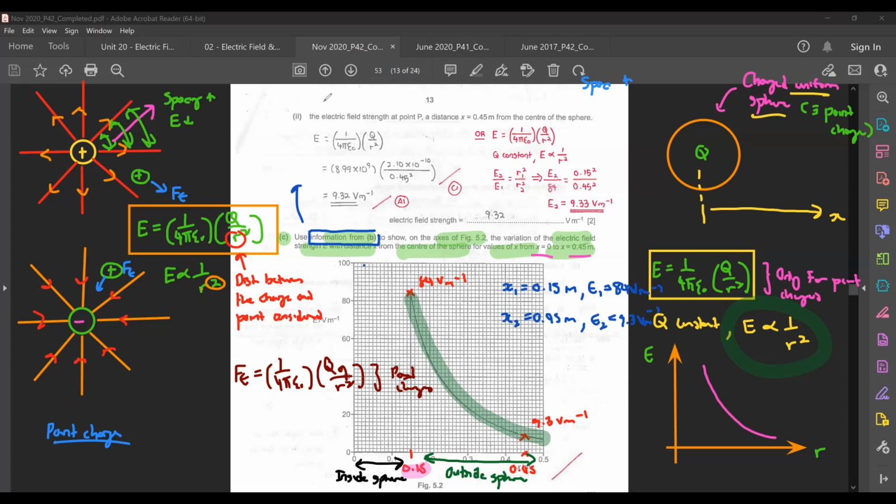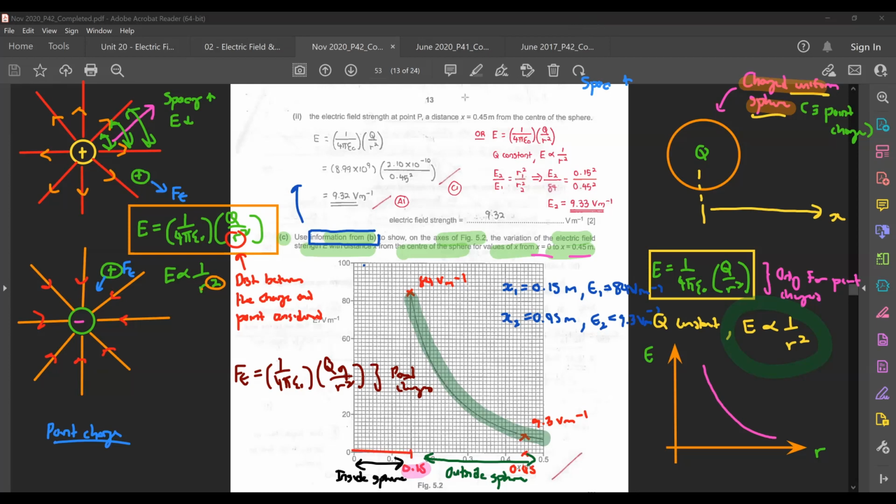Okay. Now, one of the things that you should know specifically when it comes to a charged uniform sphere is that the field strength inside the sphere is always going to be 0. Okay, there's another line that you're supposed to draw here, which is this one.